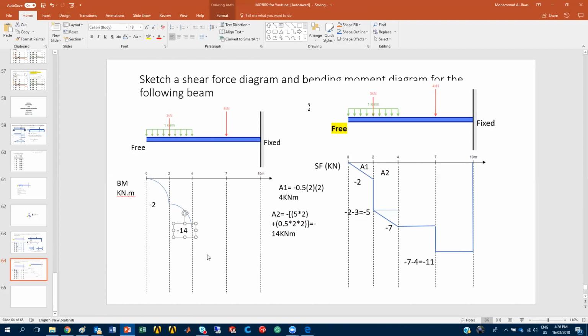Now, since we've done this, what we have is to find the area for this one. So let's call it area 3. Area 3 is straightforward. Area 3 is only rectangular. So minus 7 times 7 minus 3.